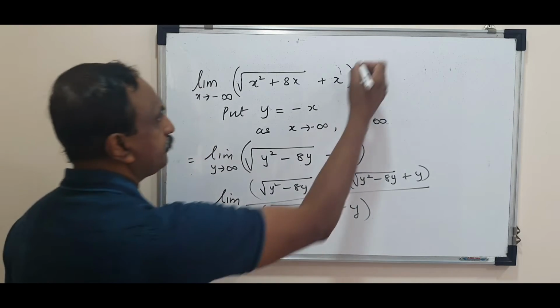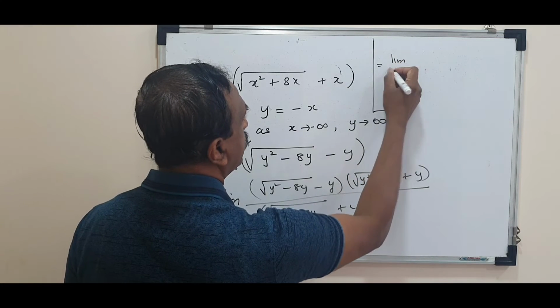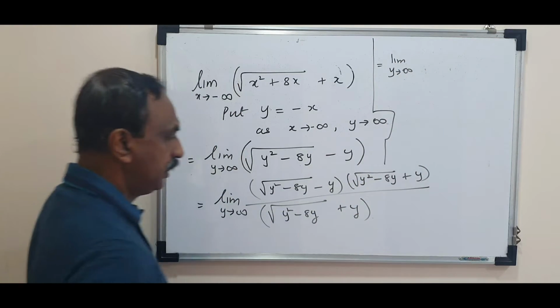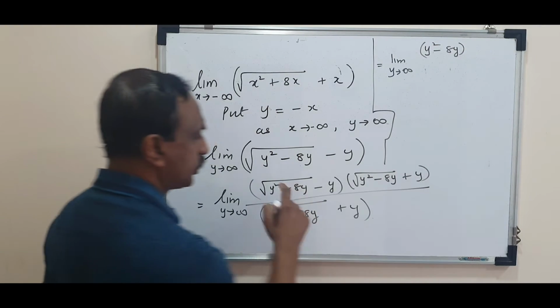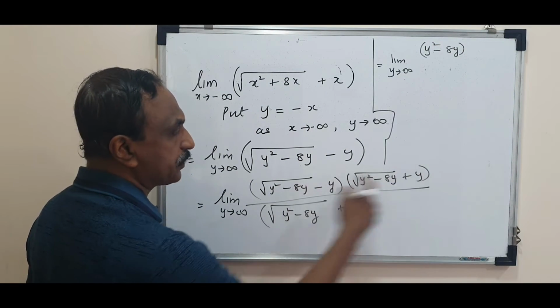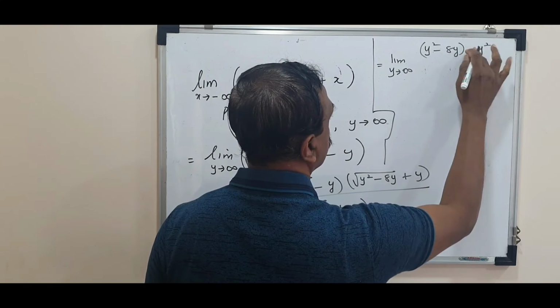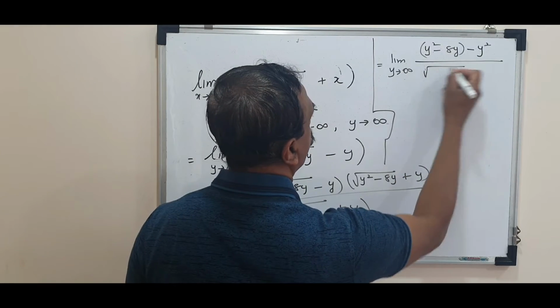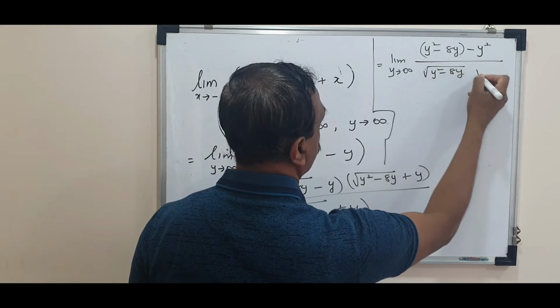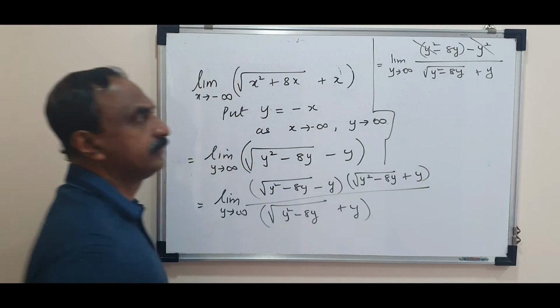Now this became, when you calculate this limit y tends to infinity, y square minus 8y square root, a minus b into a plus b, the square root went away, minus y square divided by root of y square minus 8y plus y. Now y square and y square got cancelled.